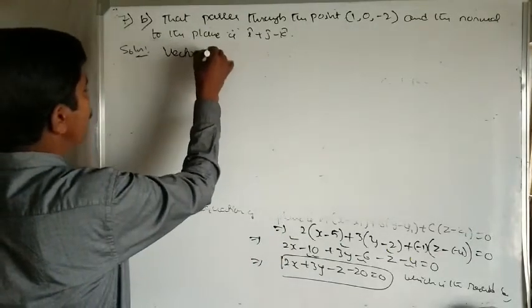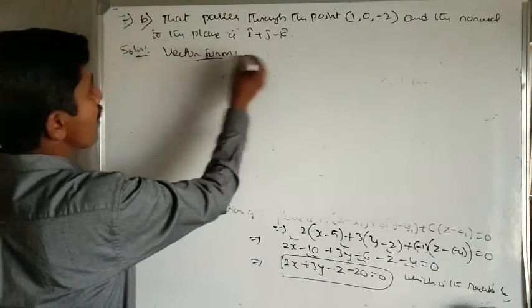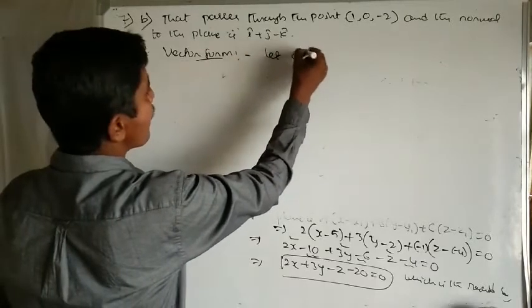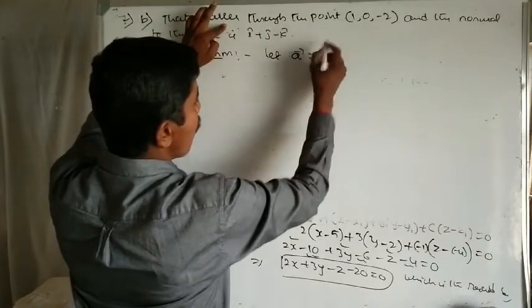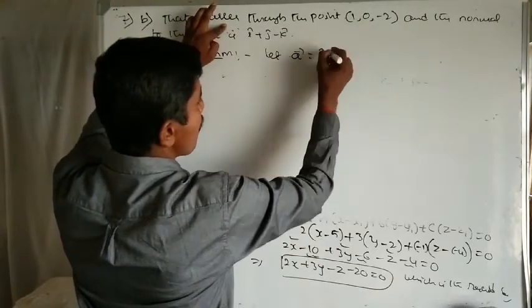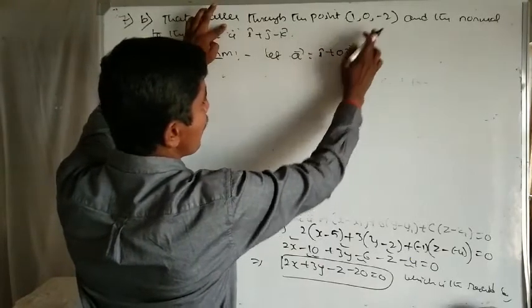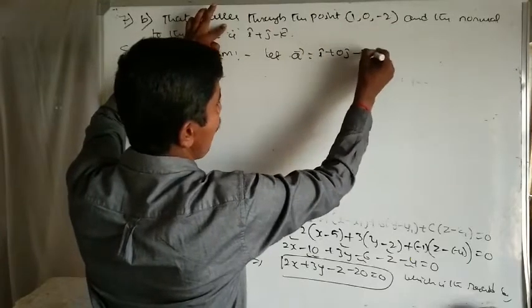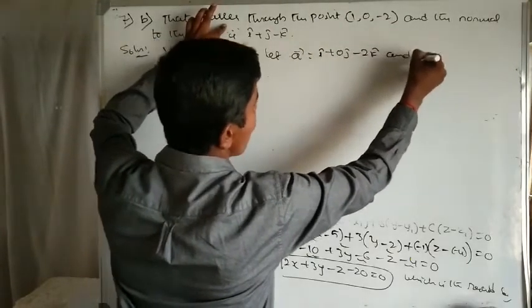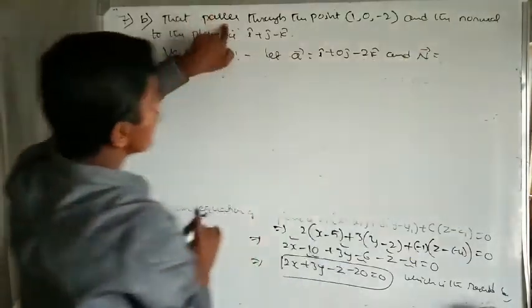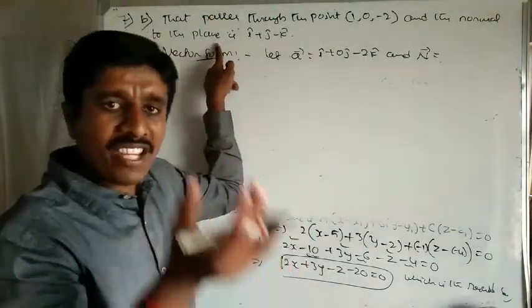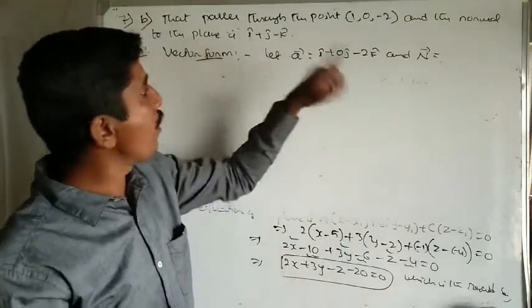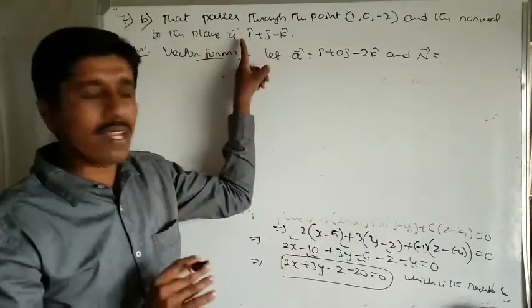First, vector form. Let's take vector a. It passes through the point, in ijk notation, 1 into i cap plus 0 into j cap minus 2 into k cap, and the normal vector is denoted vector n. In the last problem, direction ratios of the perpendicular were given, but here the normal vector is given, which means the perpendicular vector.